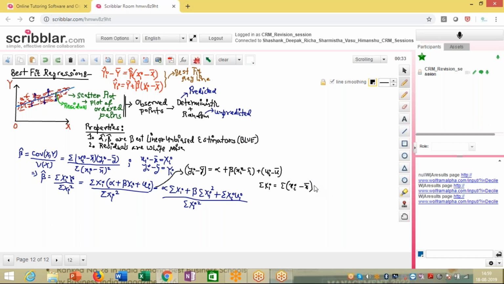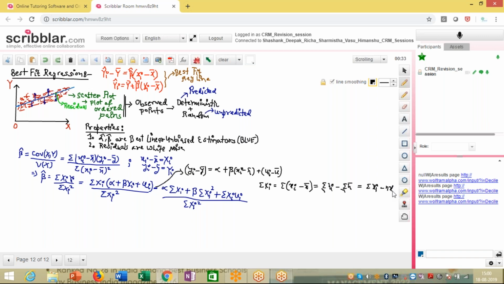Let's say there are n observations, then this becomes summation xi minus summation x bar. Since there are n observations, I am adding up x bar n number of times. So this becomes summation xi minus n times x bar.